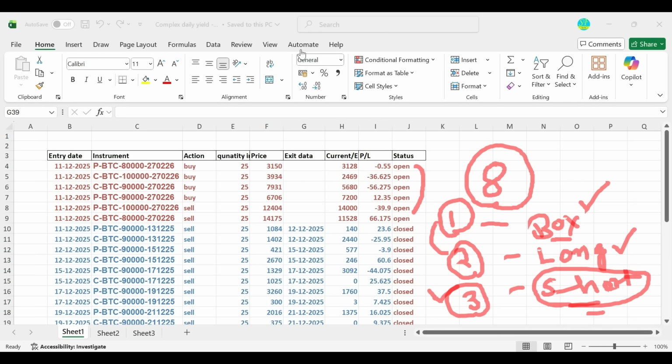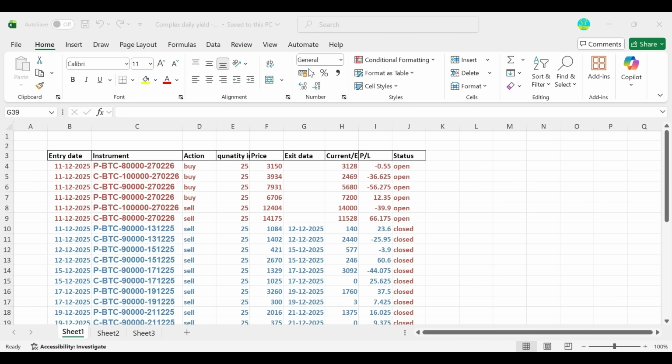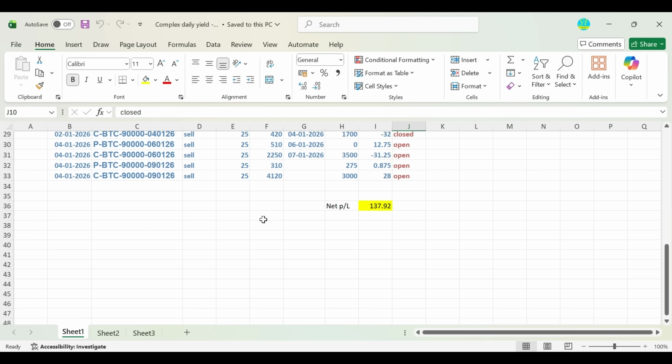Now coming to this complex daily yield strategy, if you see this strategy on BTC and ETH, I gave it on the 11th December, and we followed it till 9th January, and also beyond that. Many people are still continuing with it. It has given a very good positive return, though the size is very small.